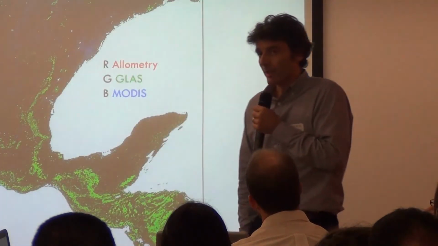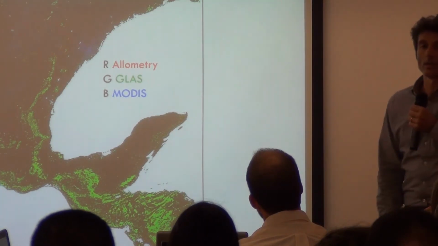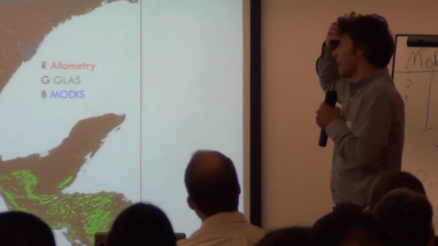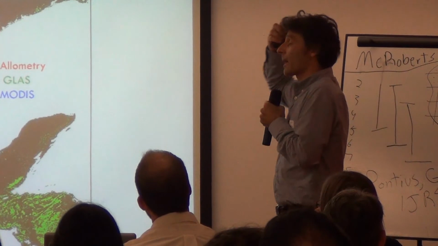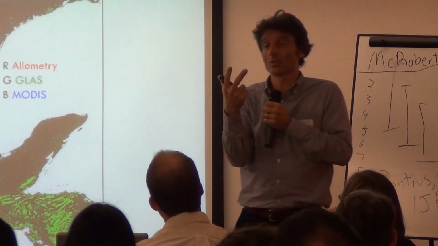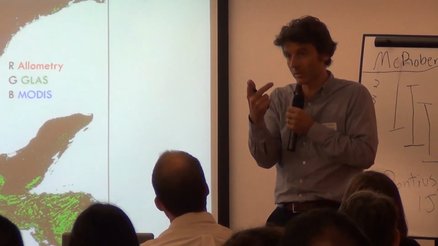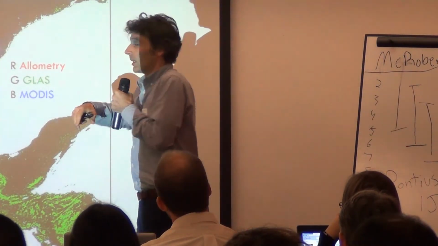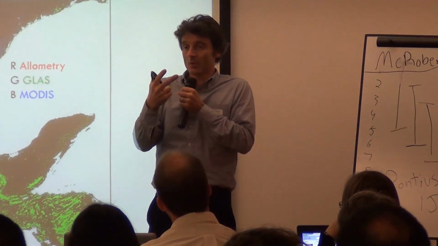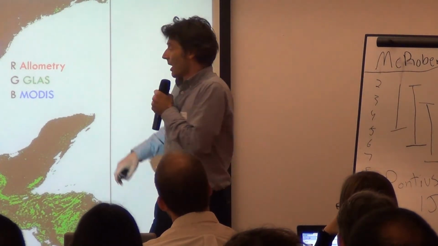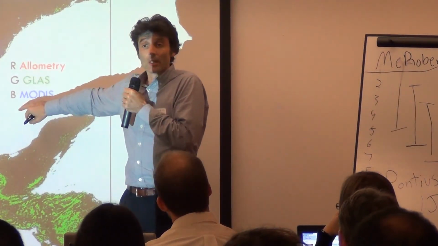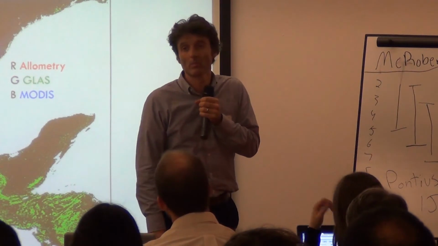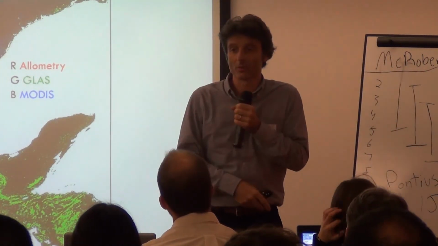Now, if you are familiar with remote sensing data, we were lucky because we had three sources of error, right? We had allometry, again, GLAS, and MODIS. So you can display these three sources of uncertainty as an RGB in a digital image processing software, right?